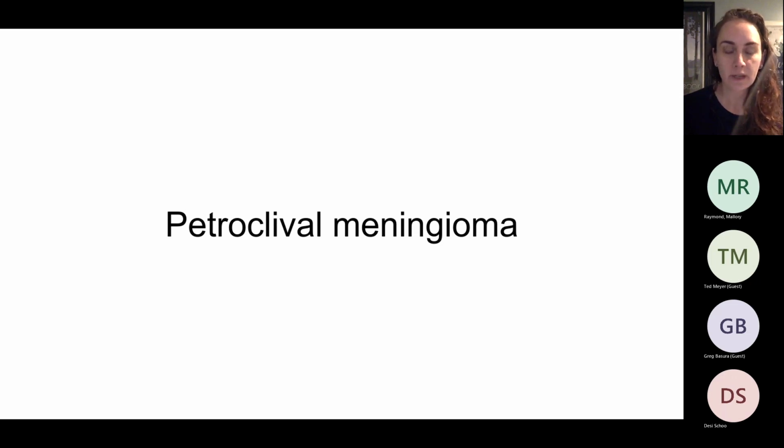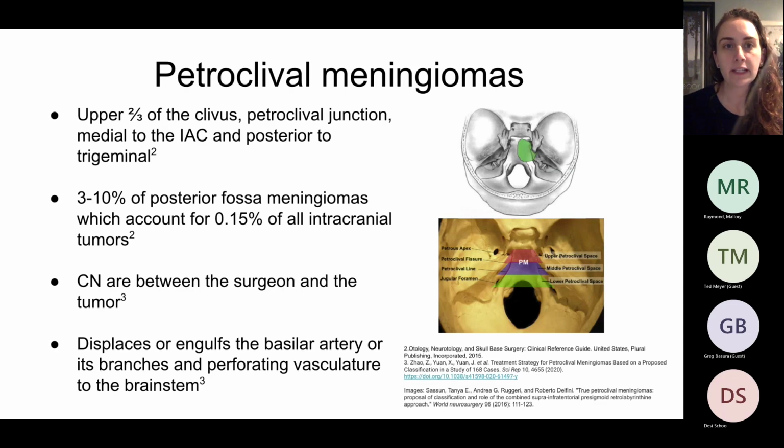So specifically for this approach, we're talking about petroclival meningiomas, which is a subgroup based on location. They're located in the upper 2/3 of the clivus at the petroclival junction, medial to the IAC and posterior to the trigeminal nerve.